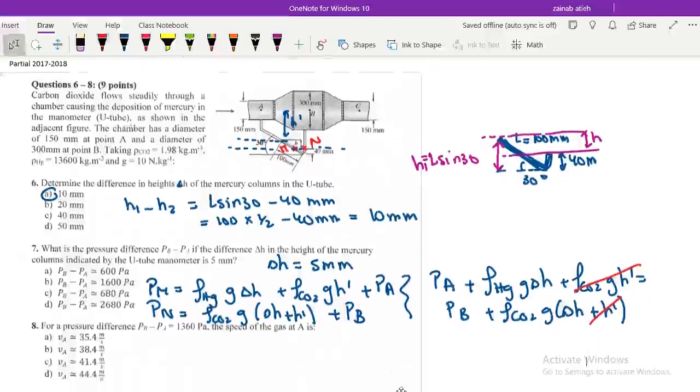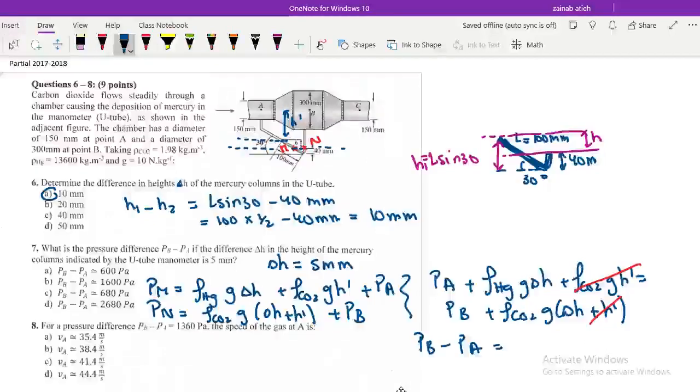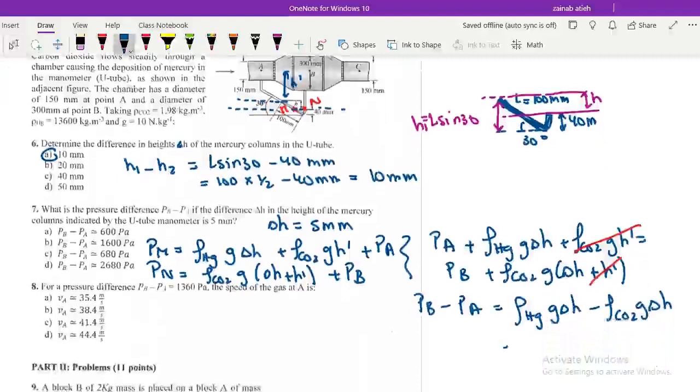So بيبقى عندي PB minus PA, it's equal to what's left. راح اخد هاي لهون rho HG G delta H minus rho CO2 G delta H. So طلعوا هون طلع معي الجواب الرو للثقيل ناقص الرو للخفيف جي دلتا اتش مثل ما نحن حلينا بالشرح. ليه؟ لأنه هون the two points were at the same level so ما طلع معي الترم الزيادة اللي هو خاصه بالارتفاع. Okay? This is the answer.